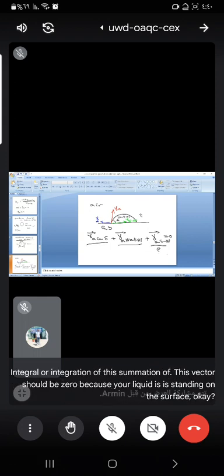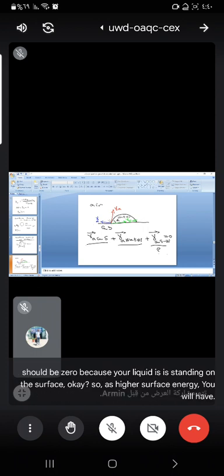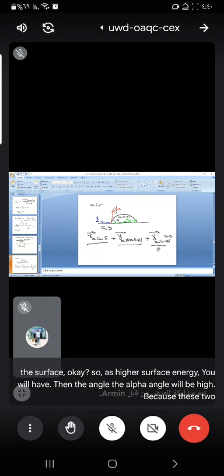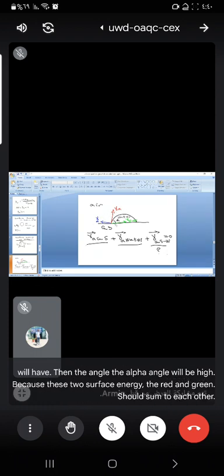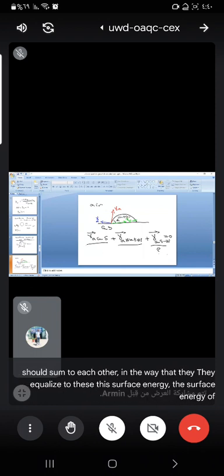So the higher the surface energy you have, the higher the alpha angle will be, because these two surface energies, the red and green, should sum to each other in the way that they equalize the surface energy of solid and water.